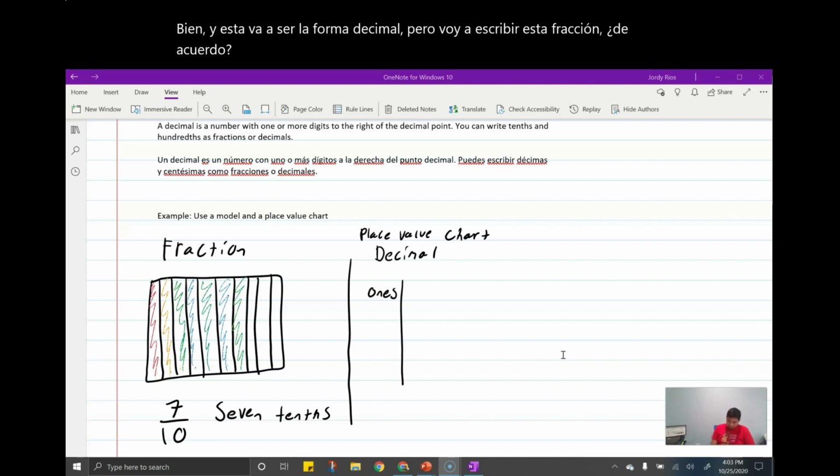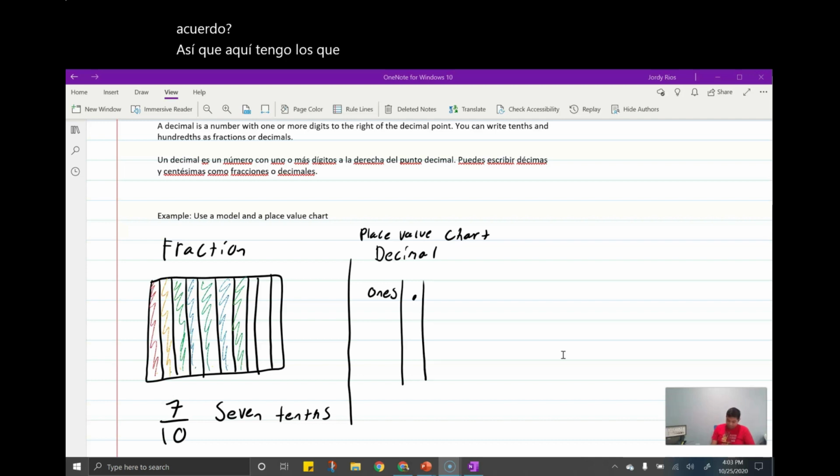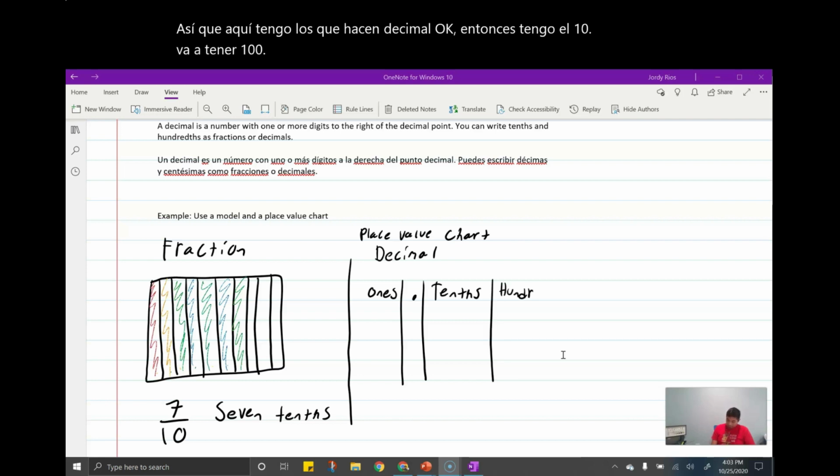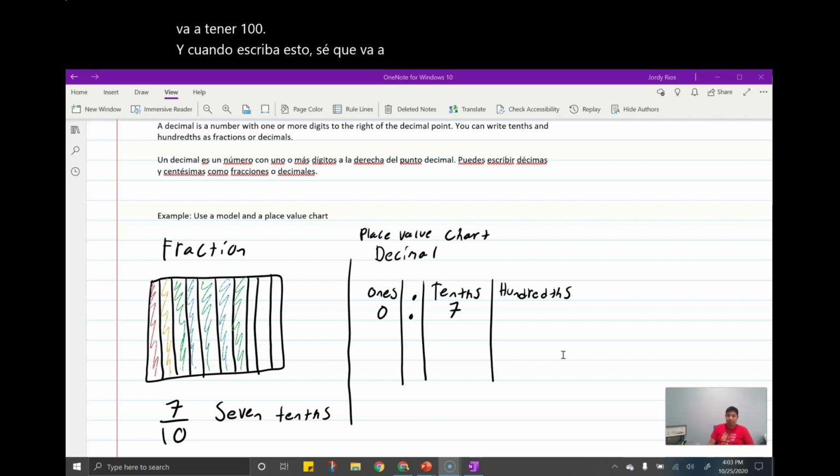So here I have the ones, then my decimal, okay? Then I have the tenth, then I have the hundredth, okay? And when I write this down, I know that it's going to be 0 and 7, because that 7 needs to be in the 10th place, okay? That 7 needs to be in the 10th place.